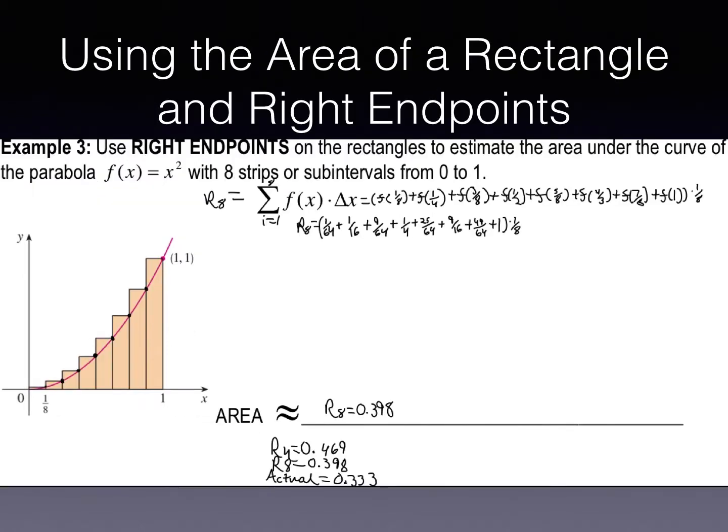When we use the right endpoints of the same problem, we take the right side of the rectangle instead, and once we find the area of all those rectangles and add them together, we get an area of 0.398, which is, as you can see, an overestimate, considering that there's area of the rectangles that are above the curve, so there's more area than we need.